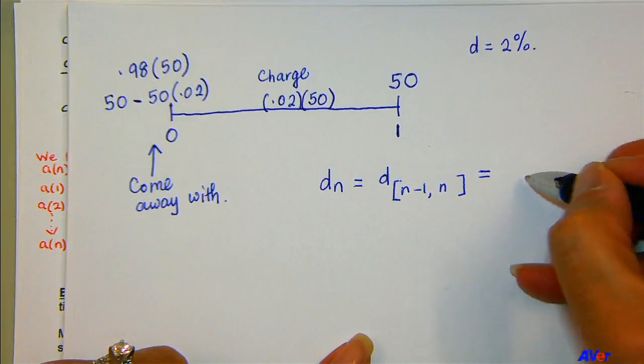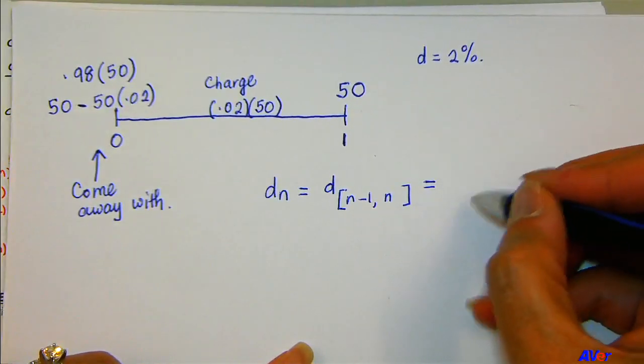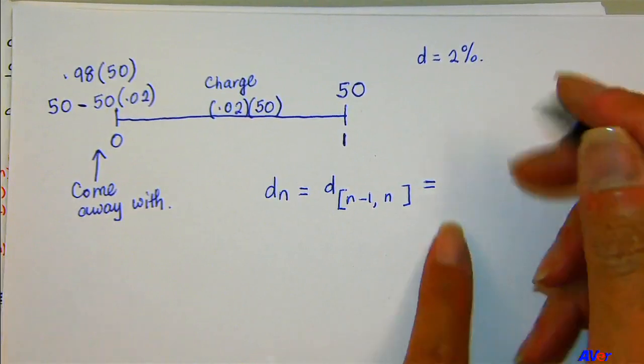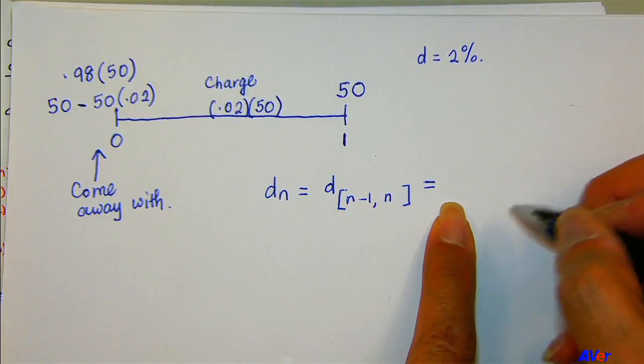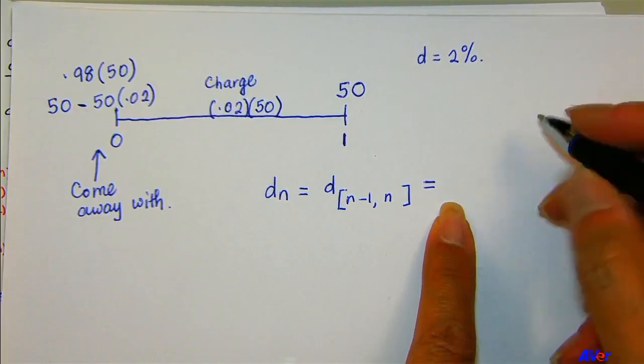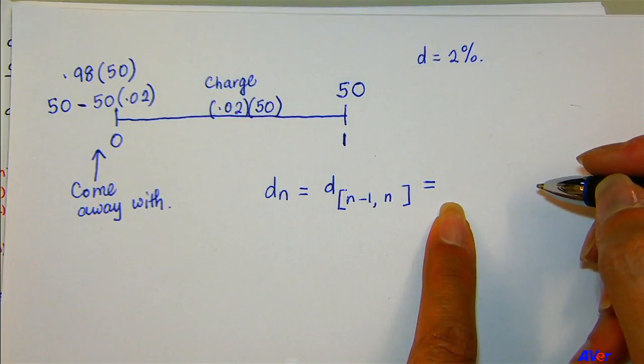So change in what? Change in what the discount rate is. So what should I be putting up here? What do you mean by change in the discount rate? It's the change like over the new. So it's like the difference between d of n minus 1 and d of n all over the new value d of n.